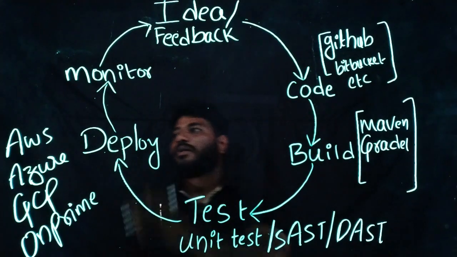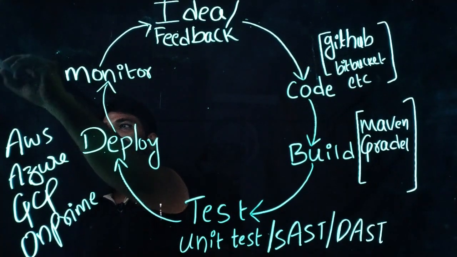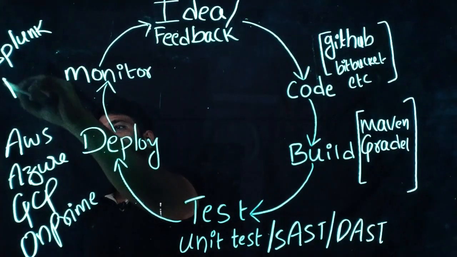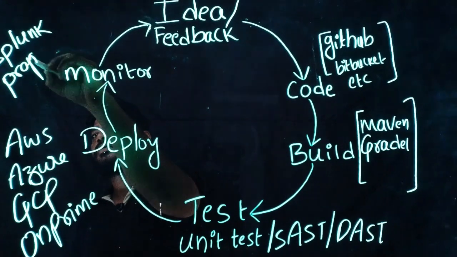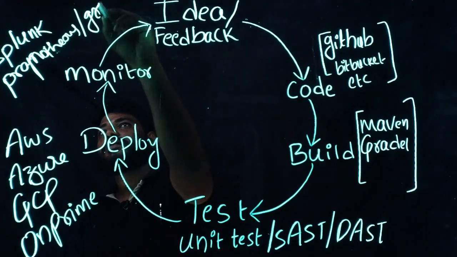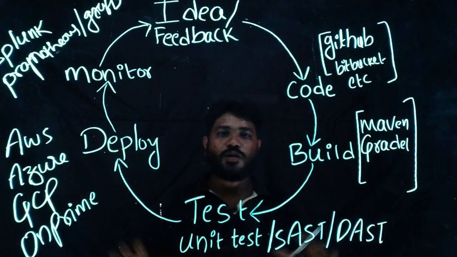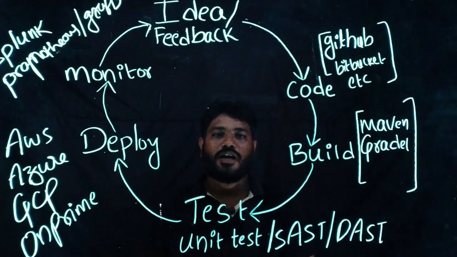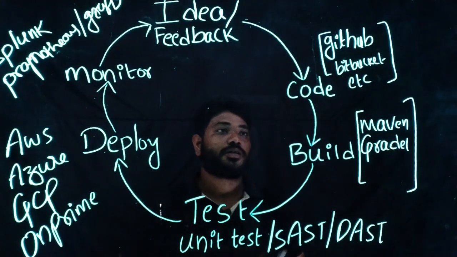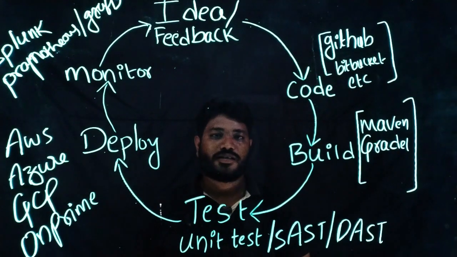Under monitoring, the tools regularly used are Splunk, Prometheus, and Grafana. So all these tools come under the DevOps lifecycle. I have written very roughly, and there are a few more tools under each phase, but you can list them out by googling.